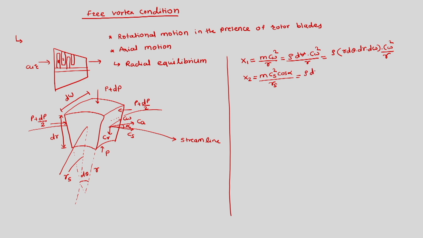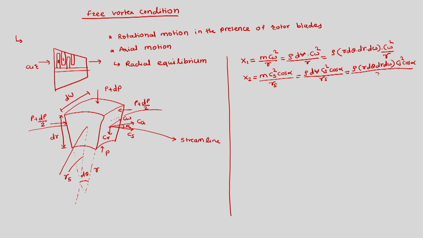So this is again rho dV CS square cos alpha divided by RS, which gives us rho r d theta dr dw CS square cos alpha divided by RS.